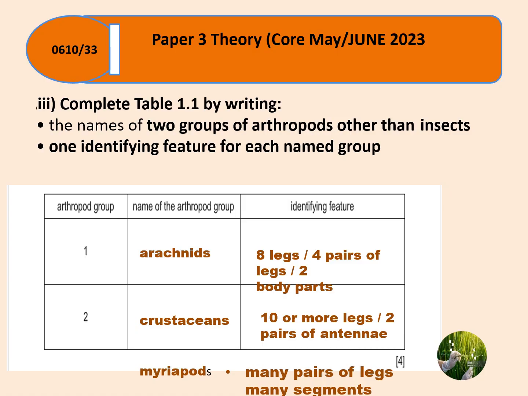So if you take arachnids, the identifying feature would be they have 4 pairs of legs and also 2 body parts. If you take crustaceans, they have 5 pairs of legs, sometimes even more. And one special feature in crustaceans is 2 pairs of antennae. Myriapods, if you take, then it has many pairs of legs and many segments in the body.